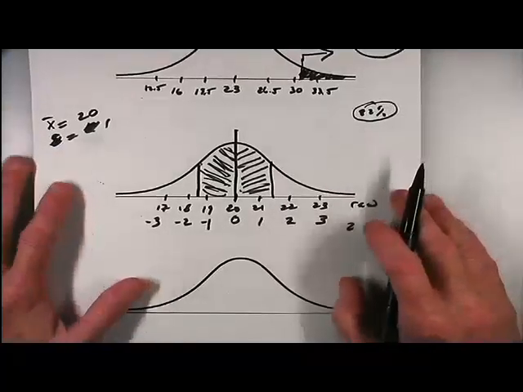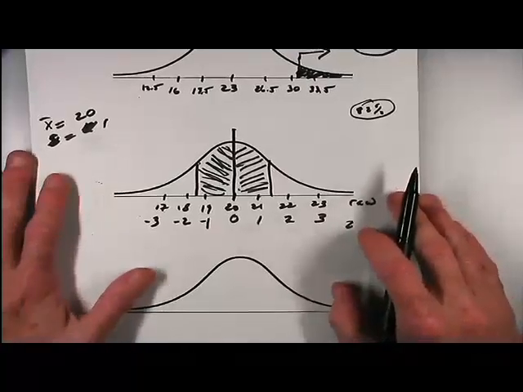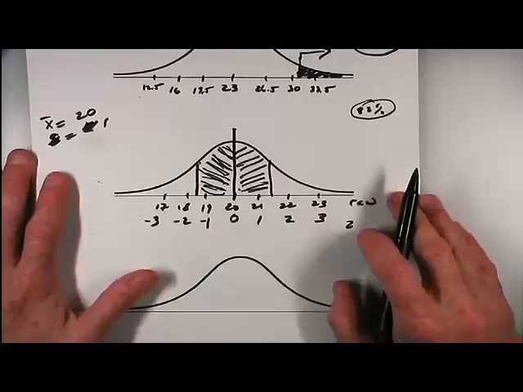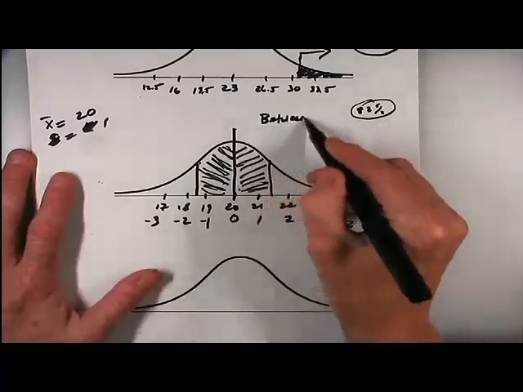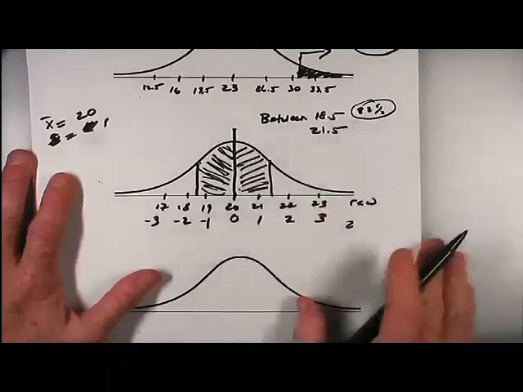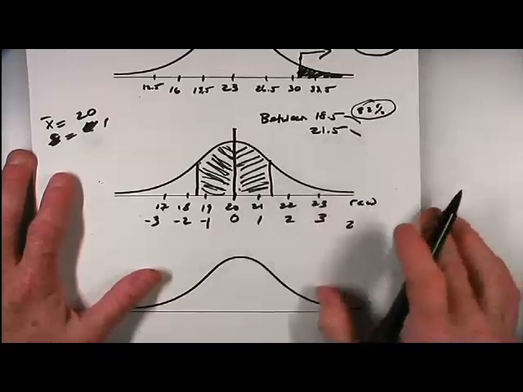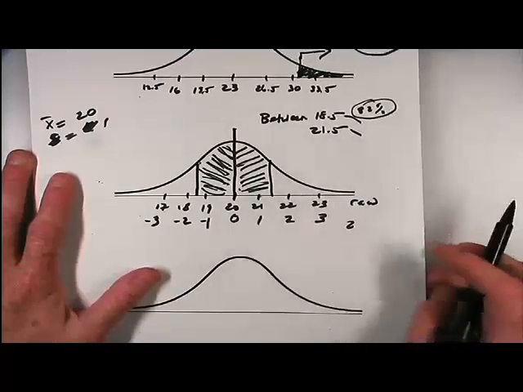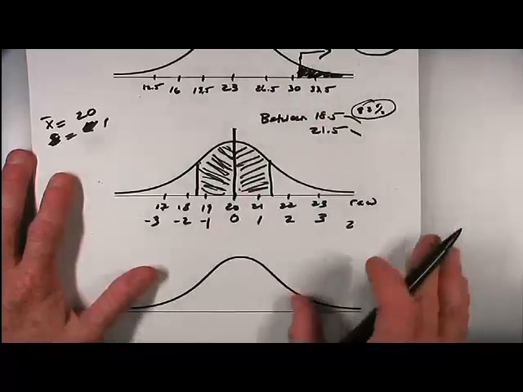Okay. So now, what do we do next? I said between 18.5 and 21.5. So in order to figure out what exact those percentages are, what's the first step? Find the z-scores.